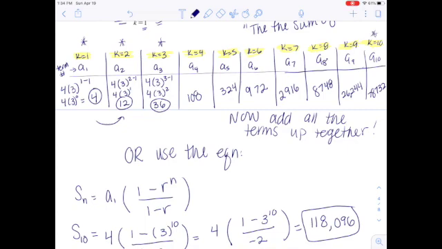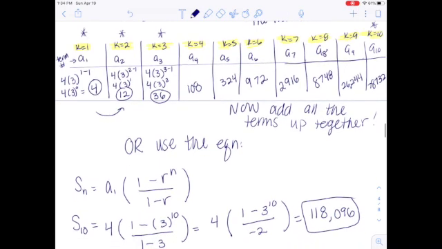And if you wanted the total number of patients that you've had in 10 days, this is the exact math that you would be doing for this situation. All right, so you would have technically 118,096 total patients already in 10 days.